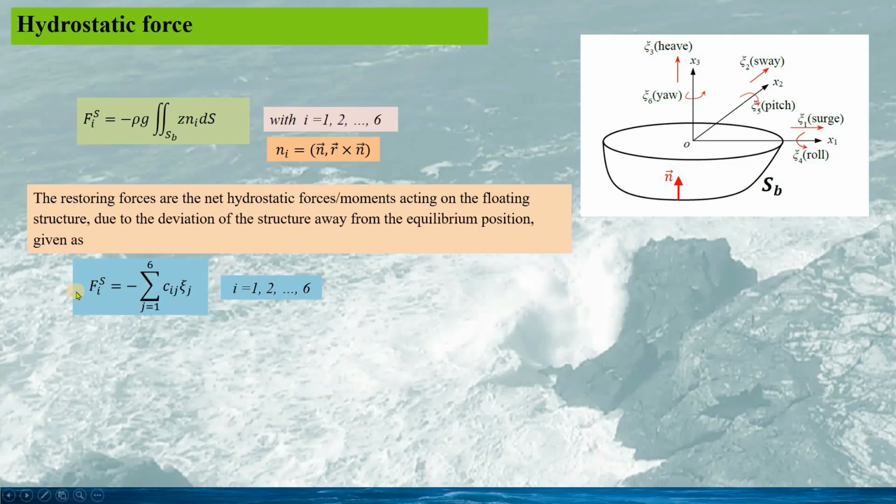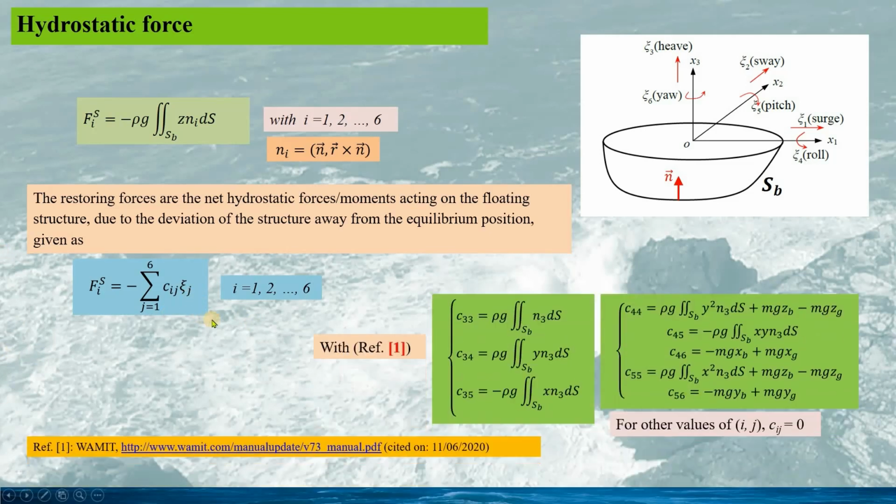The net hydrostatic forces can be regarded as the restoring forces, which are the first-order hydrostatic forces proportional to the structure motion ξj. Following the reference, the non-zero coefficients Cij are defined as this.